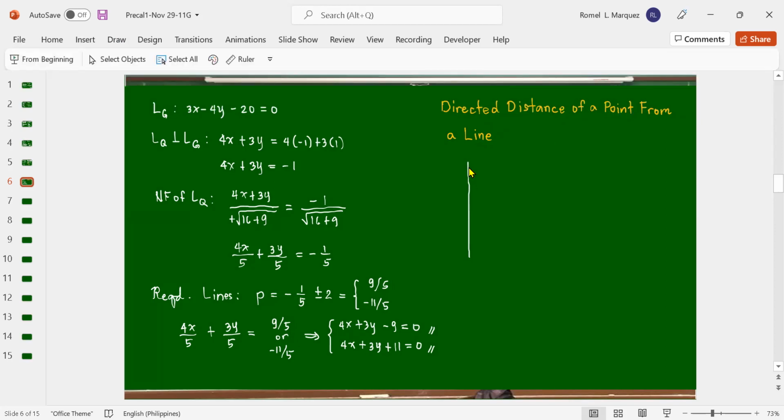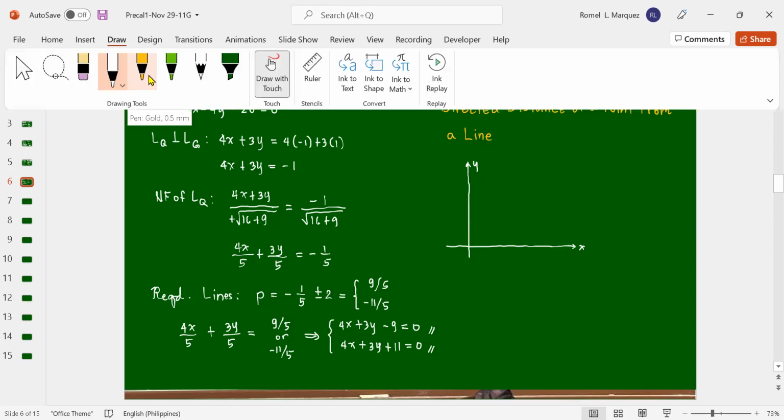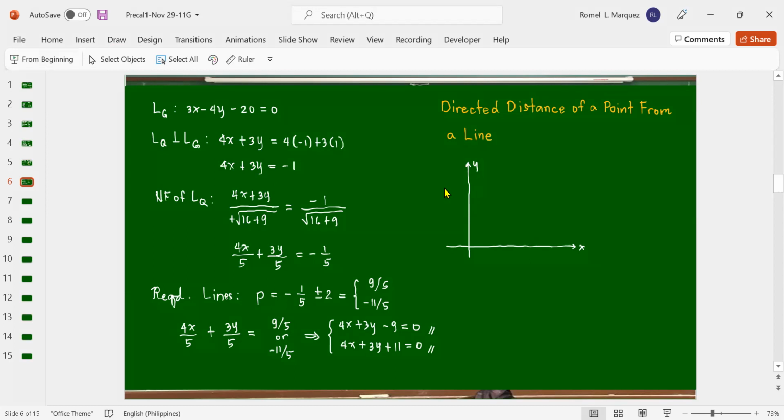So let's say I have this line. Let me draw that line. So this is my line. The equation of this line is what, guys? Ax plus By plus C equal to 0. Okay, guys? And then I have a point.